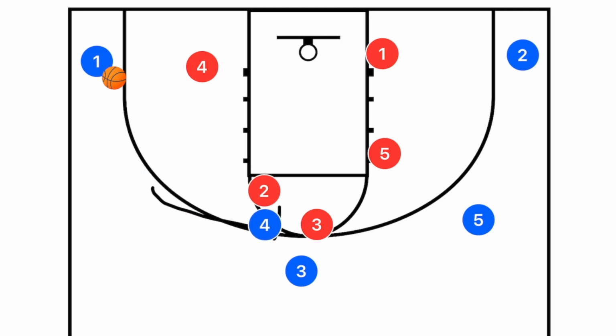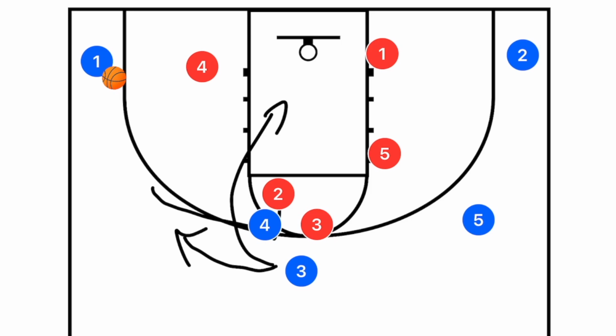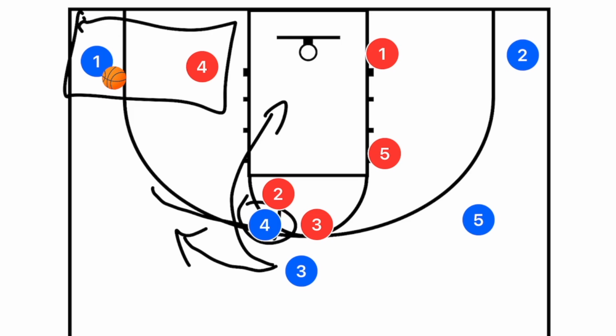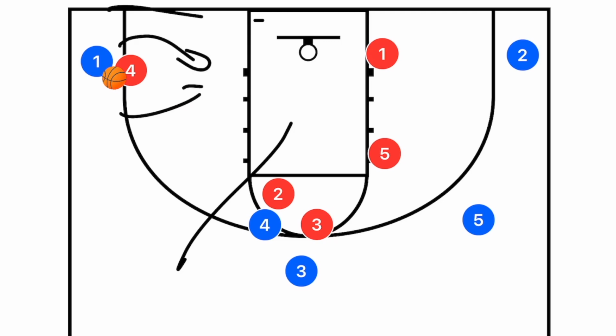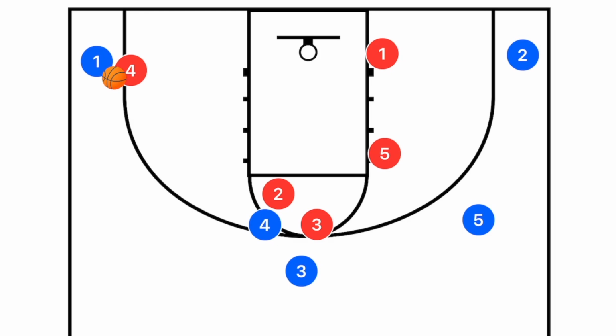Now, what we are doing here is teaching our players to set off-ball screens, especially when there's a mismatch, because while player 4 clears out, player 1 could take player 4 to the basket. If there's nobody on this side, this gives the opportunity for player 1 to drive on player 4. If it's a mismatch, there should be a speed difference, in which case we can get to the basket and potentially score some easy layups.